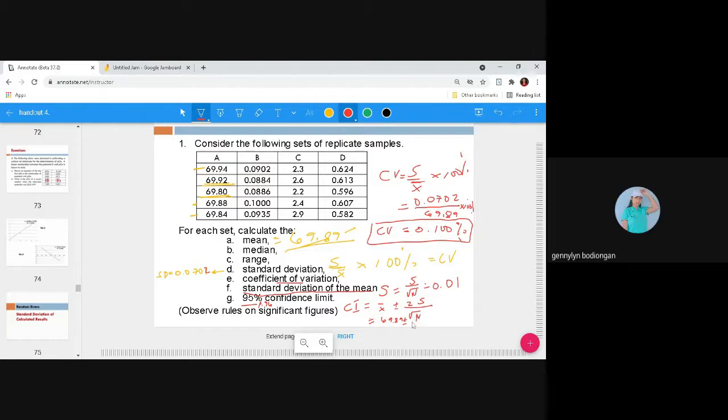Yes, ma'am. Okay, so that's it. So 69.89 plus and minus 4 point... the answer. 1.96 times 0.0702 divided by square root of 5.